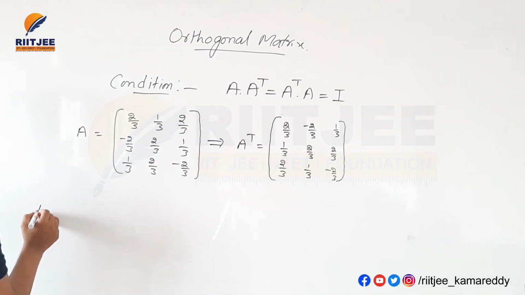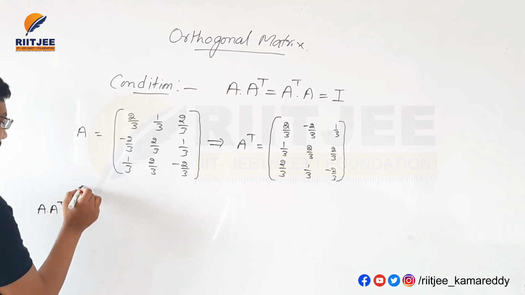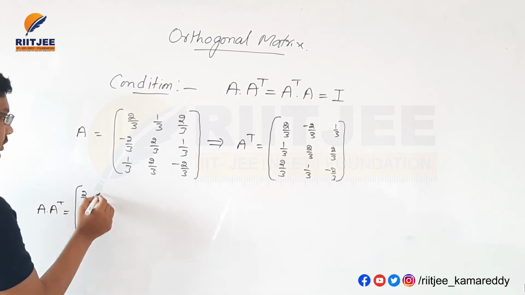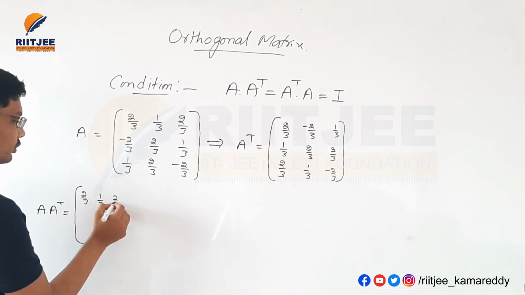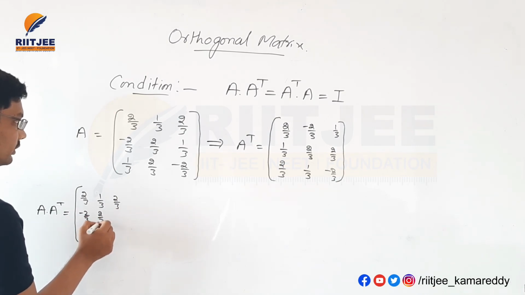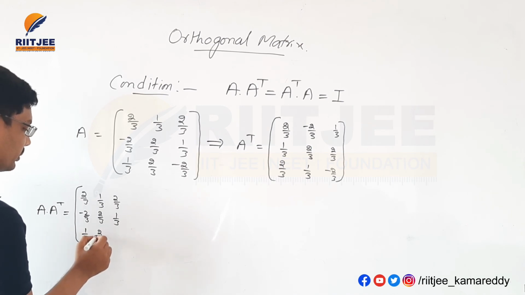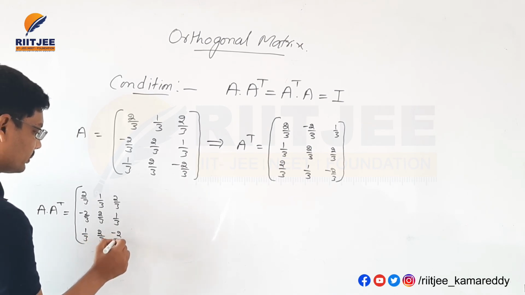Now we should find A into A transpose. I am multiplying the matrices A into A transpose. A is 2 by 3, 1 by 3, 2 by 3; minus 2 by 3, 2 by 3, 1 by 3; 1 by 3, 2 by 3, minus 2 by 3.